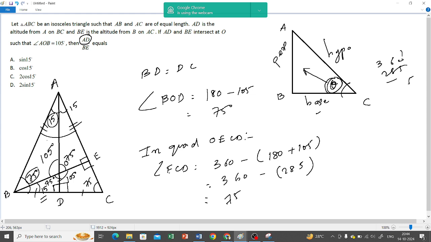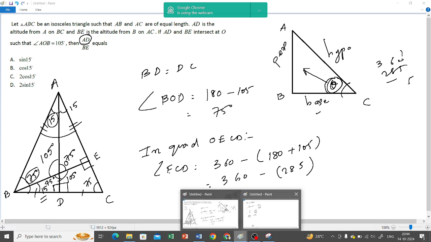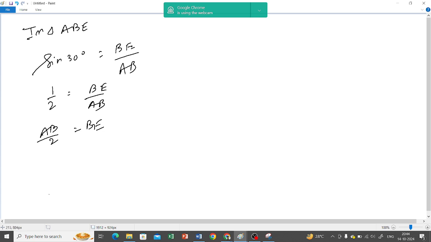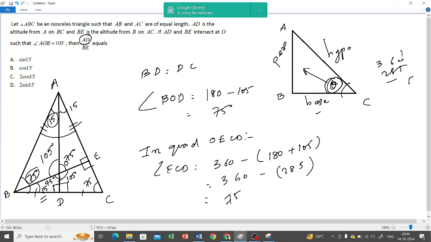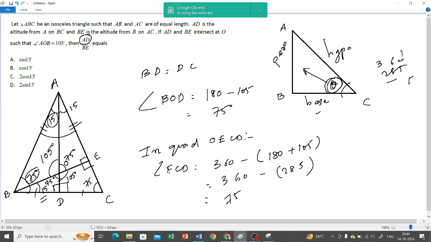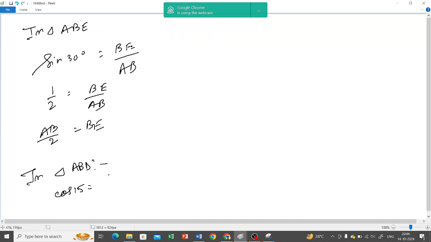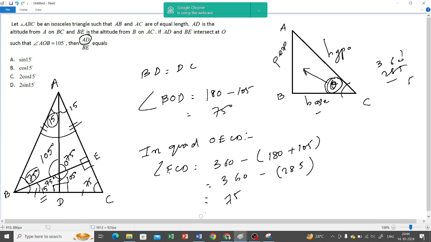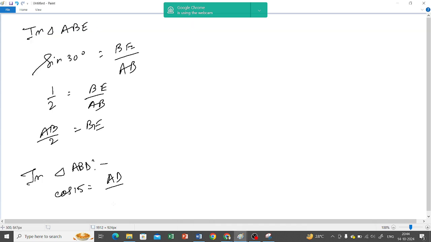Okay. Now let us take triangle ABD. In triangle ABD, you see what is going to be cos 15. Cos 15 is base by hypotenuse, so AD. So what I am doing, I am trying to get some trigonometrical ratio to associate the sides whose ratio has been asked to find out. So cos 15 is base by hypotenuse, so AD divided by AB.